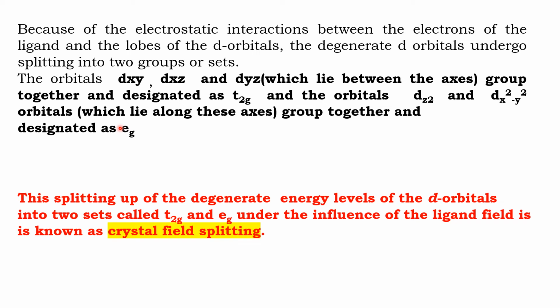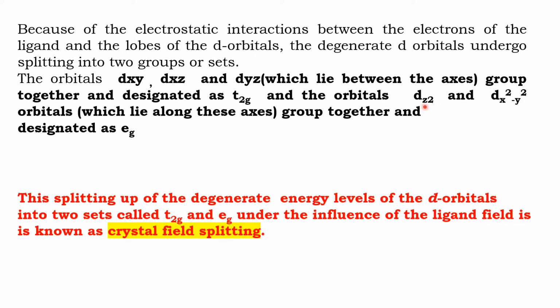They stayed together. When the ligand approached in an octahedral field, the two orbitals dz square and dx square minus y square underwent maximum repulsion. Maximum repulsion means maximum energy. Minimum repulsion means minimum energy.